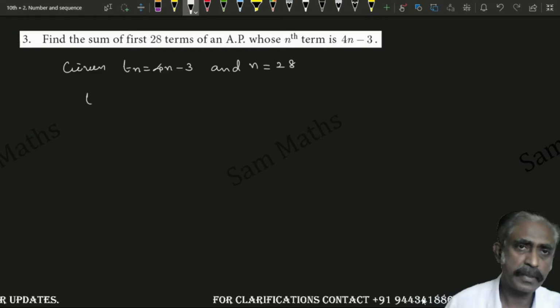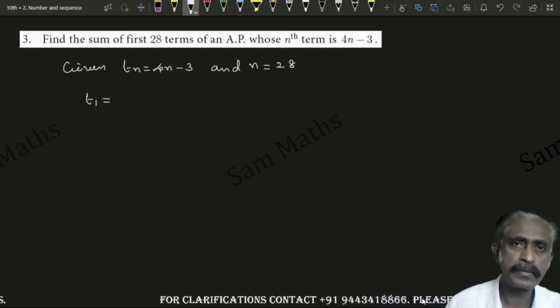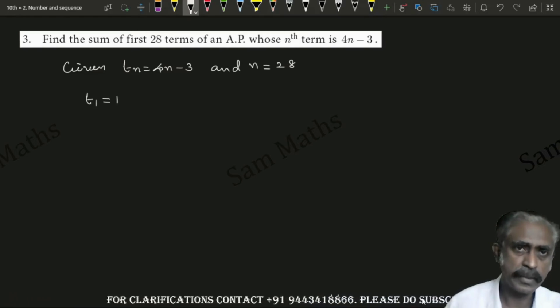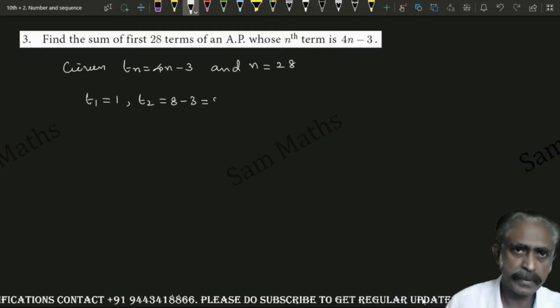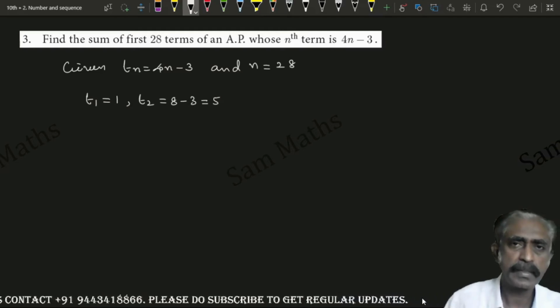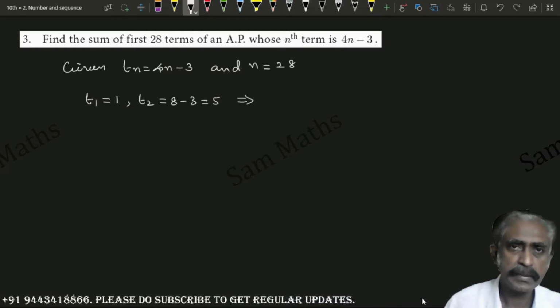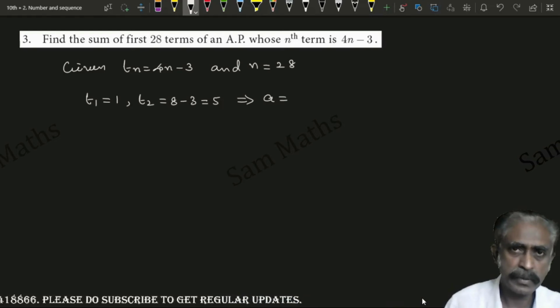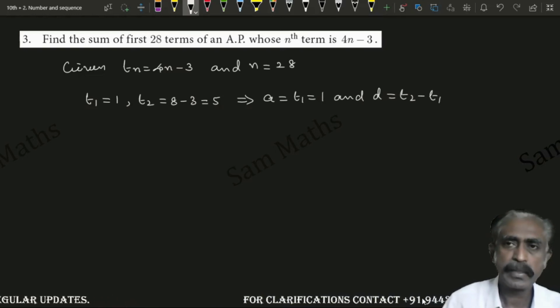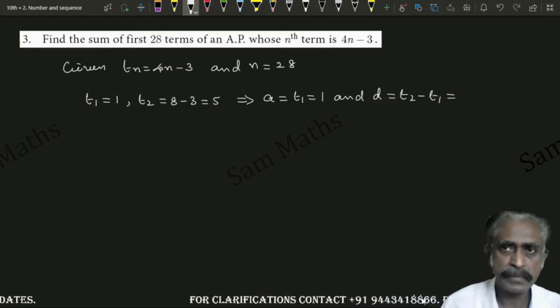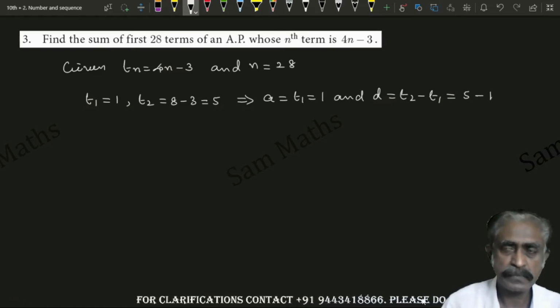When n is equal to 1, T1 is equal to 4 minus 3, that is 1. You find T2. T2 is equal to 8 minus 3, that is 5. Clear, children? Which implies A is equal to the first term, T1, that is 1. And D is equal to T2 minus T1, that is equal to second term 5 minus 1 equal to 4.